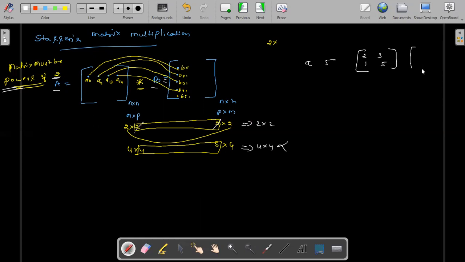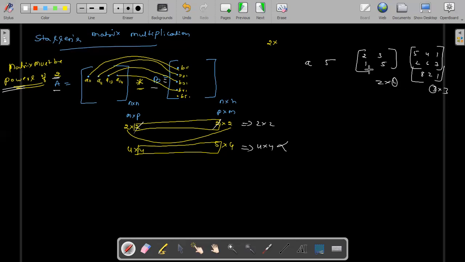One more matrix I have like this: 5, 4, 1, 2, 6, 7, like that. Further you take one more, 8, 2, 1, like this. So this is actually a 2 cross 2 matrix, but this is a 3 cross 3 matrix. But see here, 2 and 3 don't match. Yes or not? So then what do we have to do, sir, for this?